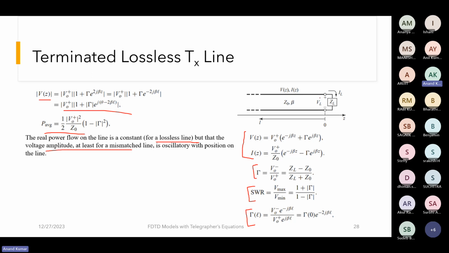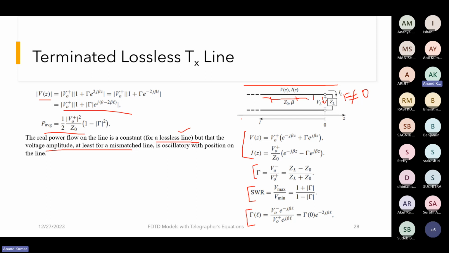So this means that we had seen for a lossless transmission line, the power throughout the transmission line will remain constant. But if there is a mismatch over here, that is your gamma is not equal to 0, you will have standing waves forming over here, and hence there will be different voltages at different points.